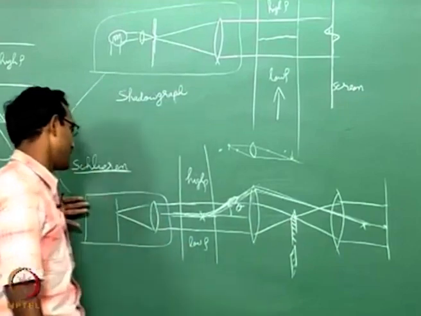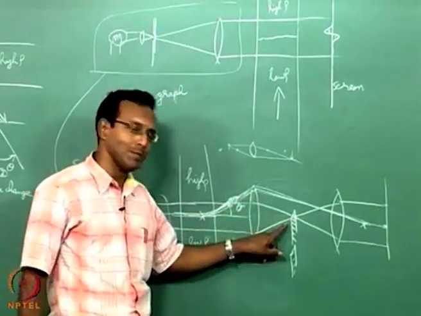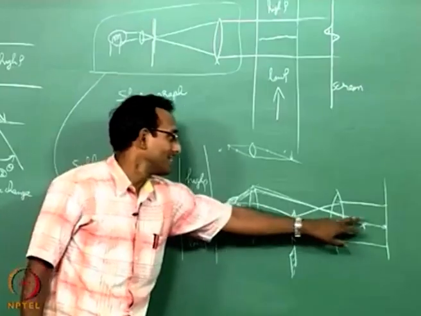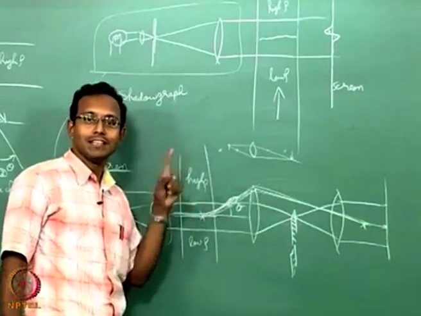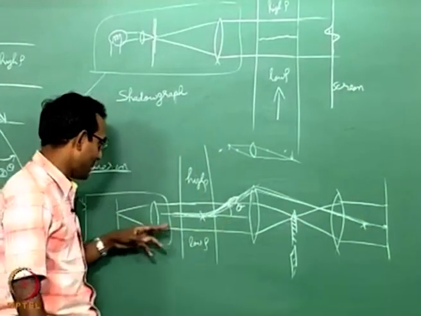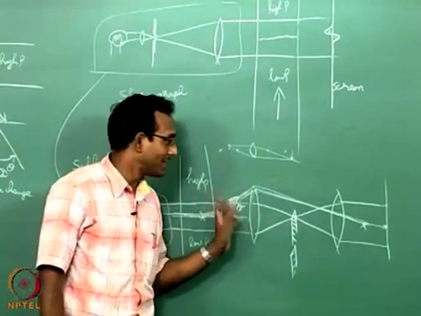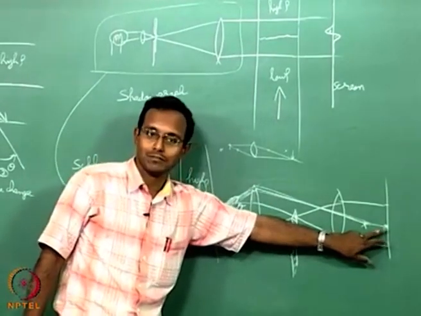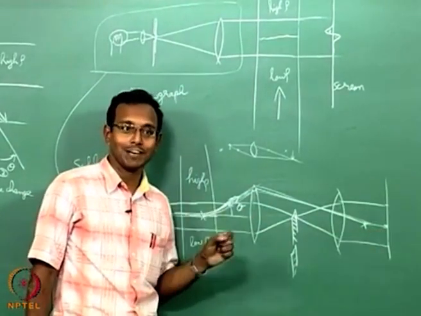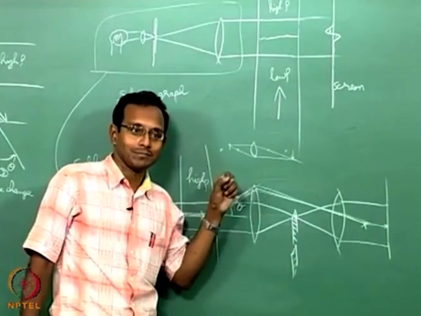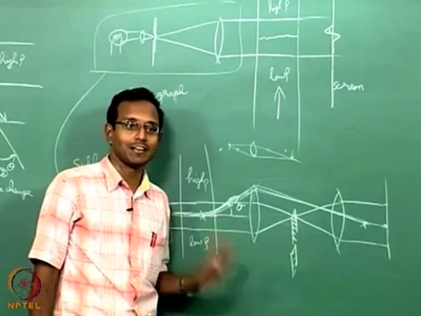The light that was going straight undeflected will all be blocked. So what will I see at the end? Only the regions where there was light deflected, only that light will be imaged. Wherever there was light deflected, there will be a bright spot, everywhere else it is dark.